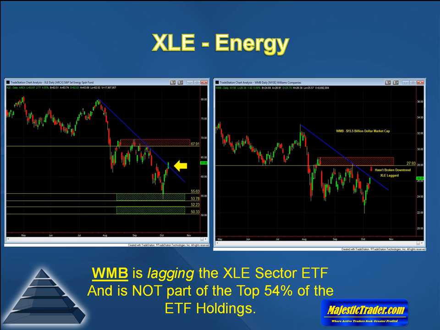So what you need to do is look at the chart. The chart looks very similar to the XLE, but what don't you see that's happened yet? It hasn't broken the downtrend. So if it breaks the downtrend and the XLE continues its way up, WMB is an excellent, excellent trade for you to consider, riding the coattails.